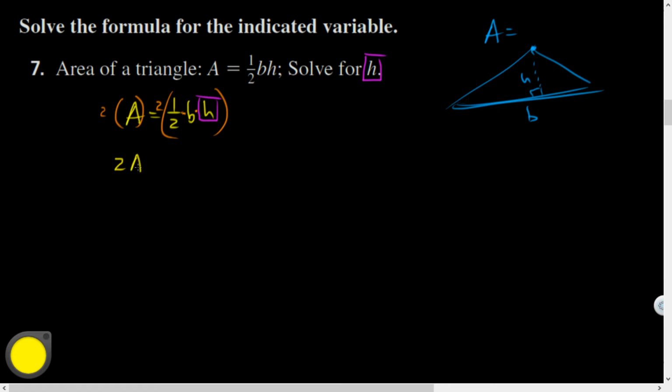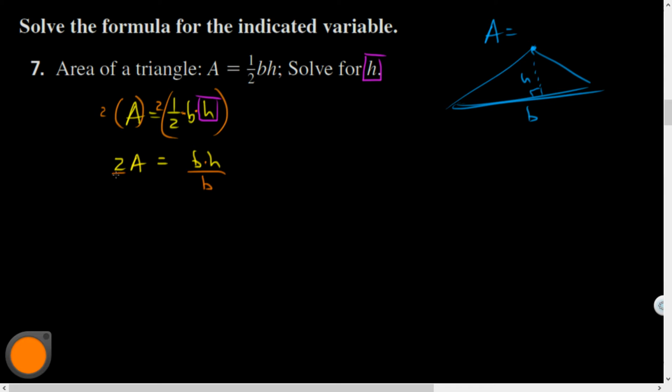So I'd have 2A is equal to BH. And how can I get rid of the B here? Yeah, I can divide, right? I'm just pretending that B is some number. So that would be like if it said 5H, and I'd divide both sides by 5.